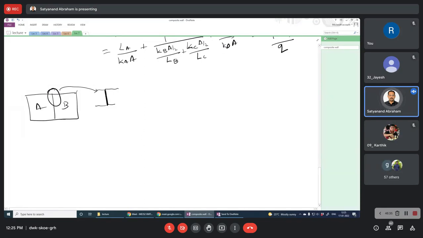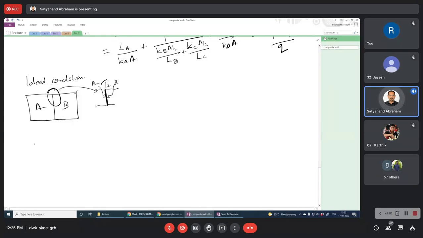This is the surface of A, and this is the surface of B. There is no distinction between these two. It is continuous, and therefore the temperature is going to be the same. That's what we were talking about. So this is the ideal condition.